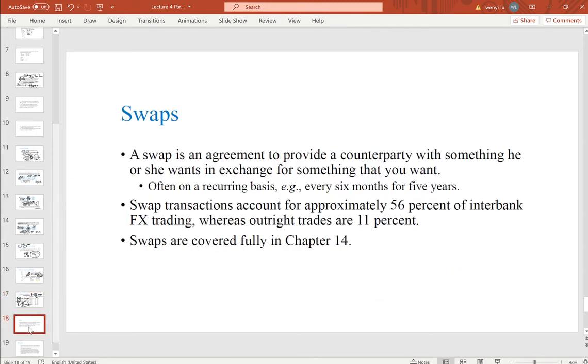Last one is a swap. Swap is a very important contract, and most of our foreign exchange trading involves what? Swap transactions account for more than 56% of interbank trading, because there are too many settlements between two parties across the boundary, right? It involves currency delivery.